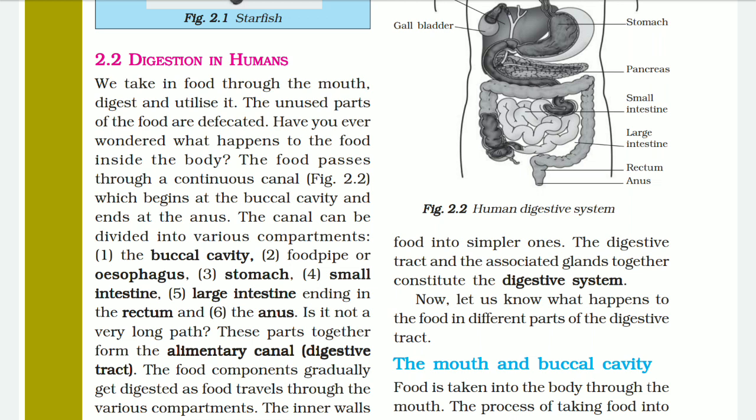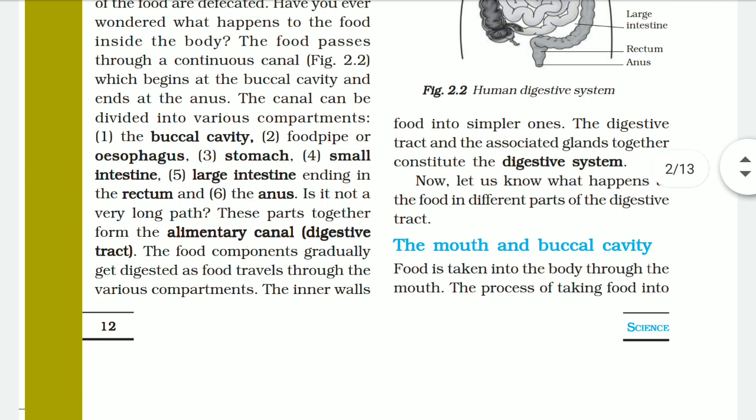The first part is the buccal cavity, second the food pipe, or you can say esophagus, third is the stomach, fourth is the small intestine, fifth is the large intestine, ending in the rectum, and sixth the anus. Is it not a very long path? Yes, it is. These parts together form the alimentary canal, or you can say digestive tract.